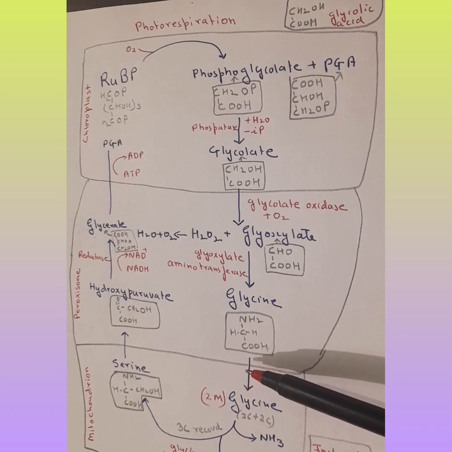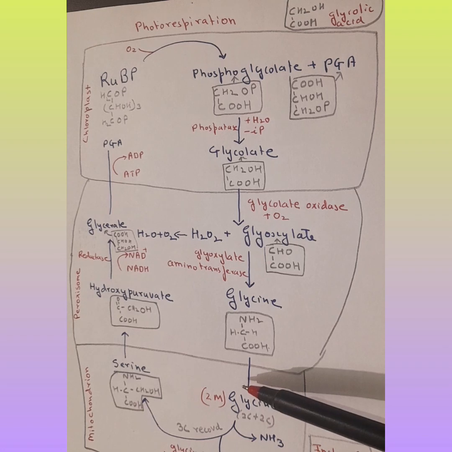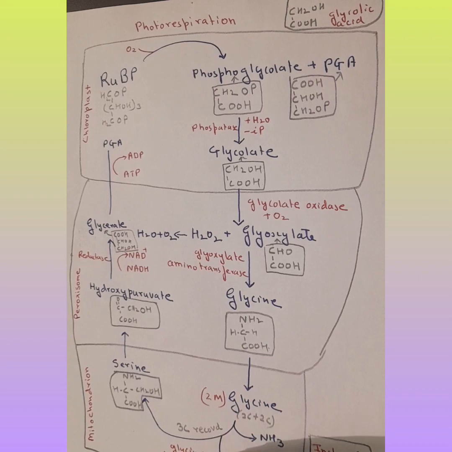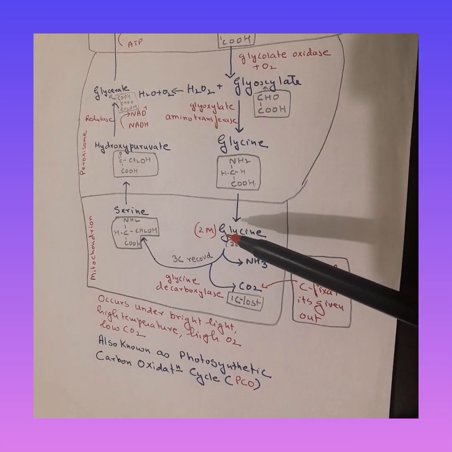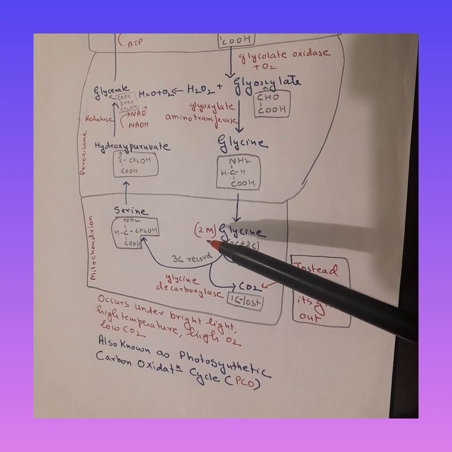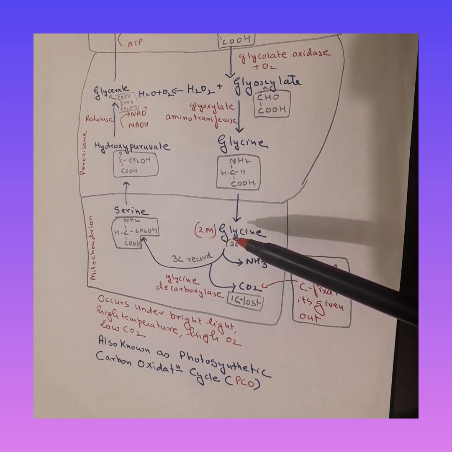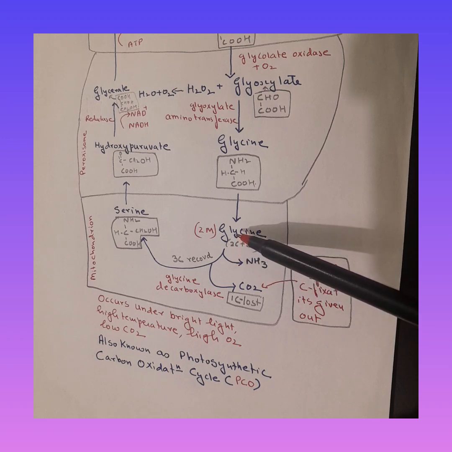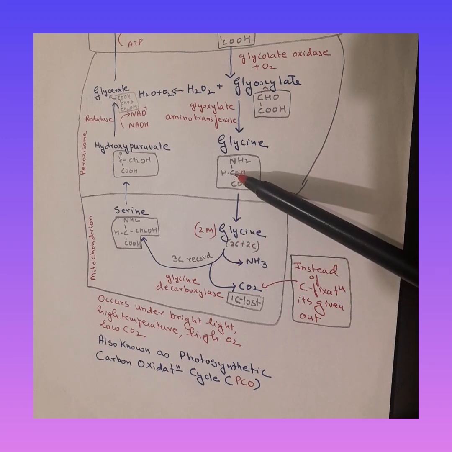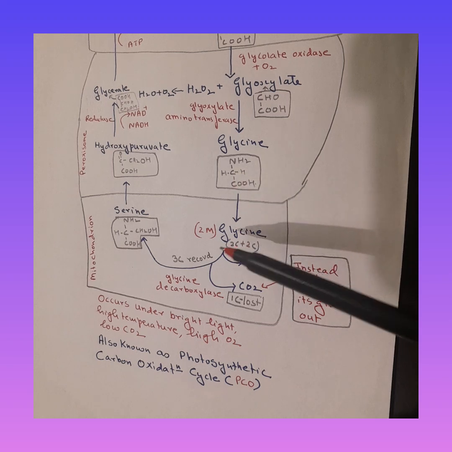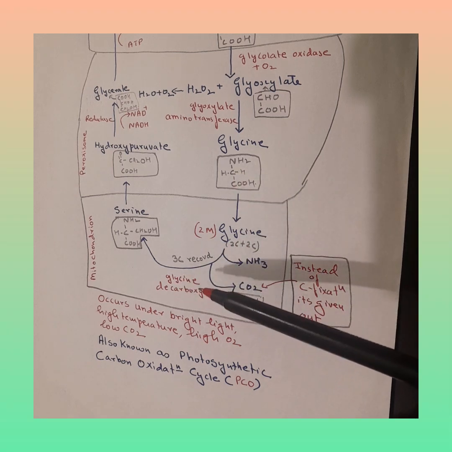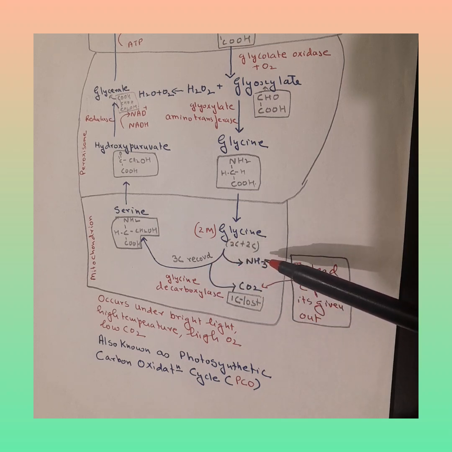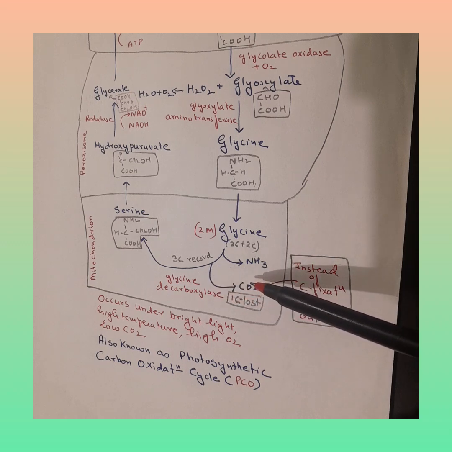Here, glycine is acted upon by glycine decarboxylase. Two molecules of glycine are required here. When we say 2 molecules, the total number of carbons is 4: 2 carbons of one glycine, 2 carbons of another glycine. Now the glycine decarboxylase enzyme acts on it and strips off ammonia and 1 carbon dioxide.